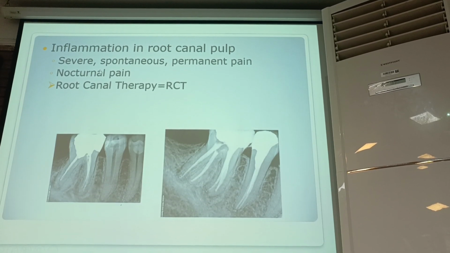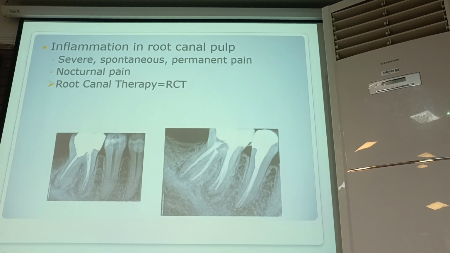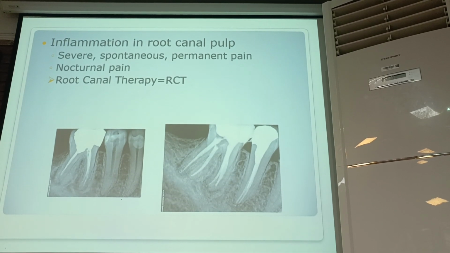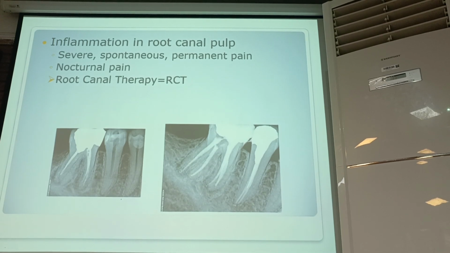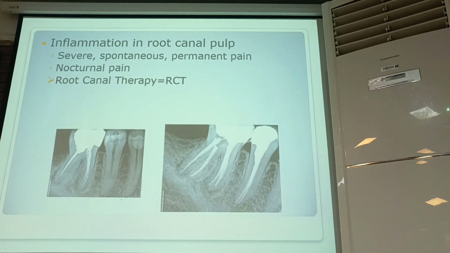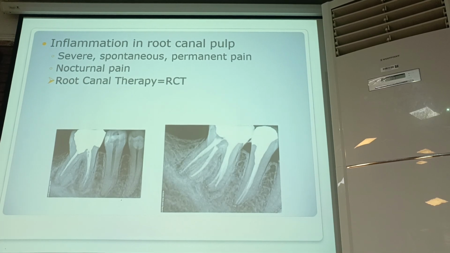In some special situations, when the caries progresses inside the pulp space, we have some special signs. The pain. Some special characteristics of this pain alert us to the need for endodontic treatment actually. When the pain is severe, spontaneous, and also permanent, with nocturnal pain.